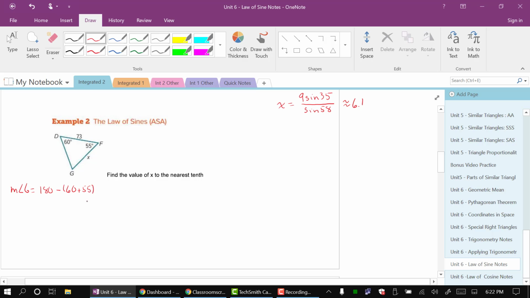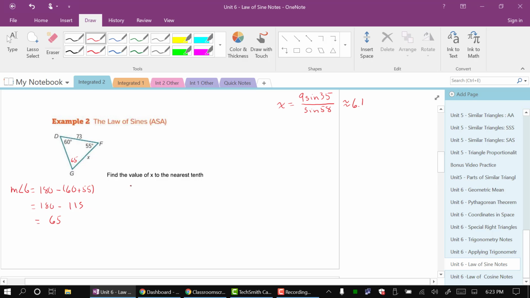This is just a variation on the angle sum theorem. So this gives me 180 minus 115. When I subtract that, I end up with 65.